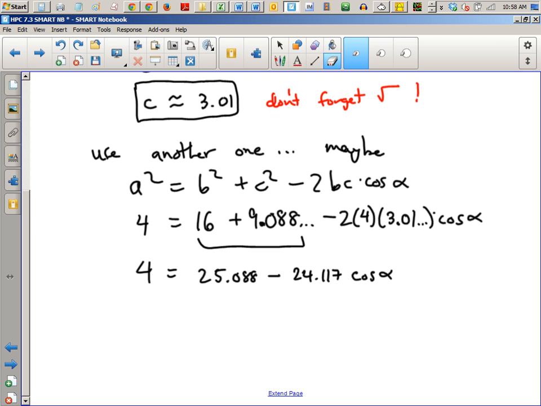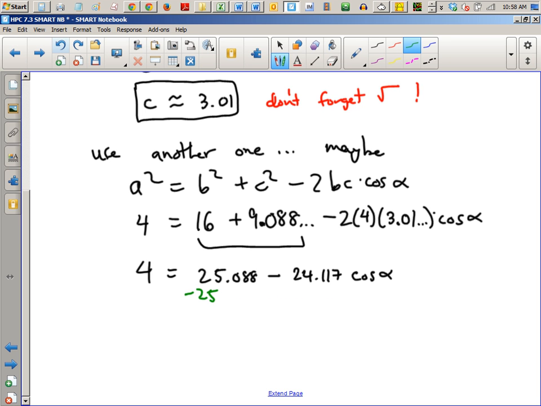There is no 24 here. It's a 24 cos alpha. You have to be very careful not to combine these two terms. This is a constant term. This is a variable term. You need to subtract the 25.088 to the other side and divide. A lot of students make this mistake. They try to subtract these two numbers right here. You can't do that.